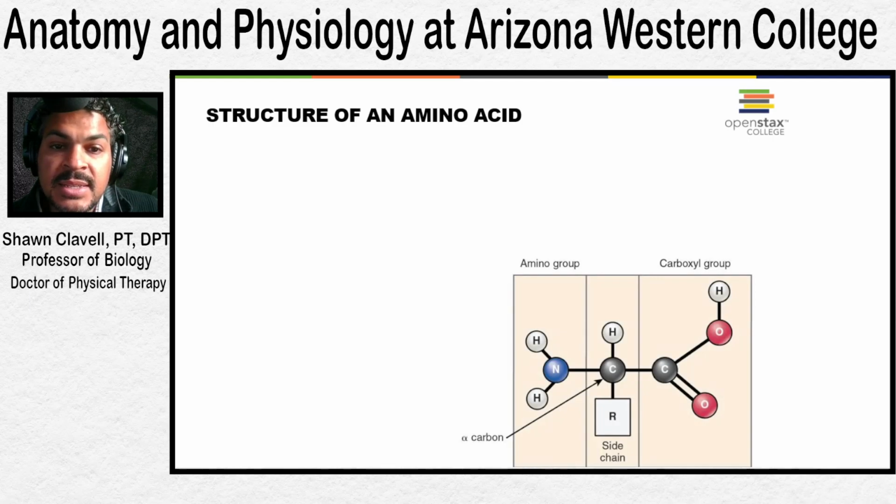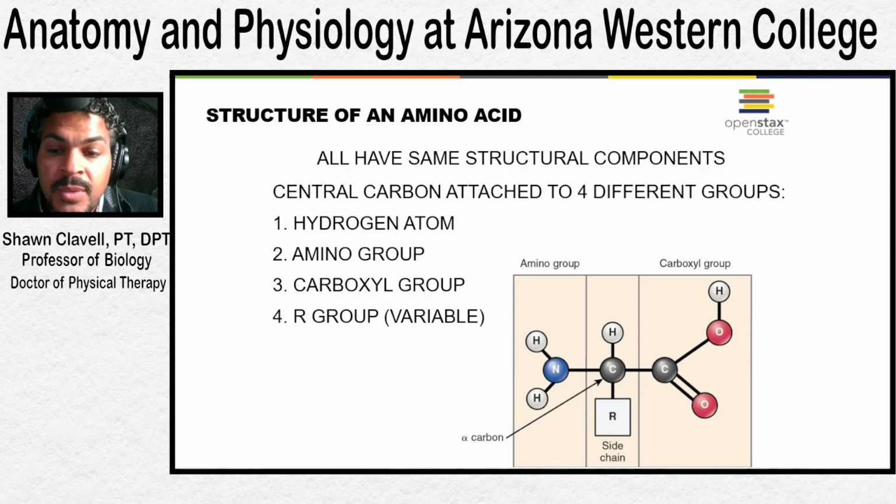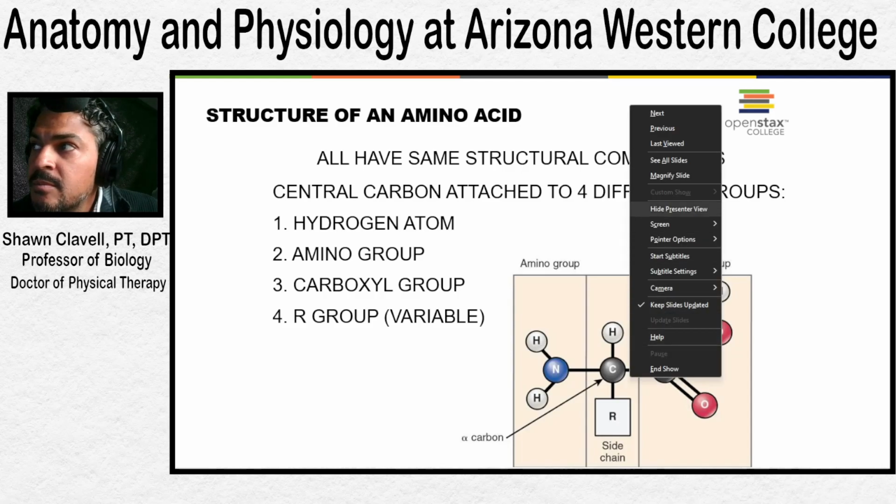Now, an amino acid is the monomer of the protein. It's a molecule composed of an amino group, a carboxyl group, together with a variable side chain. There's a central carbon. I'm zooming in for you guys.